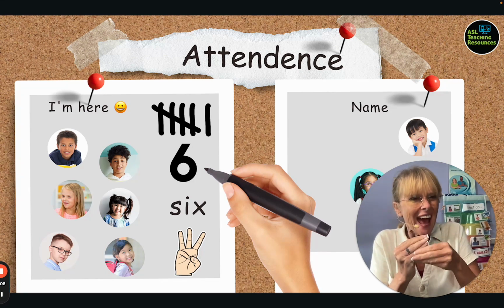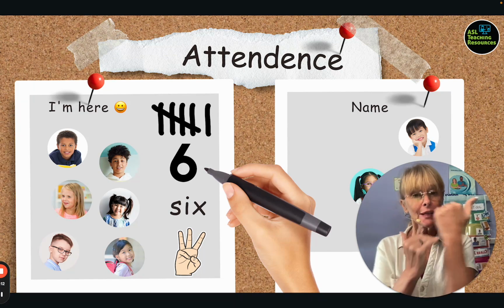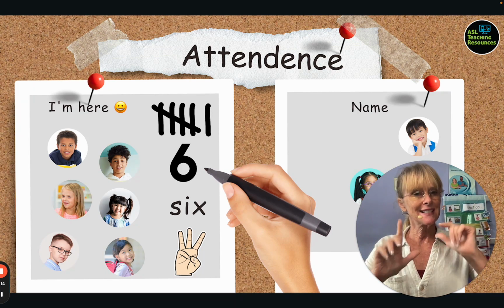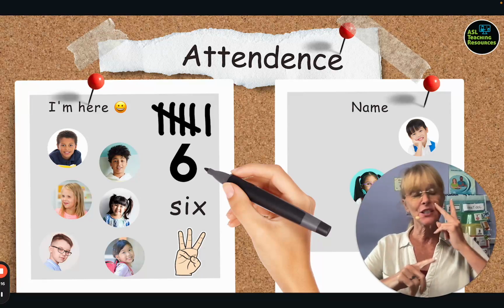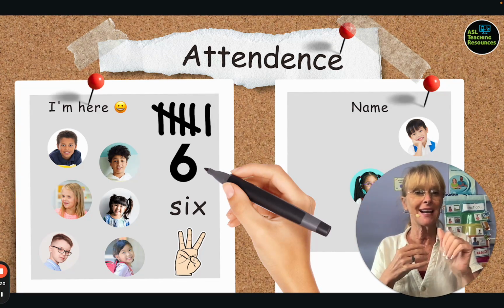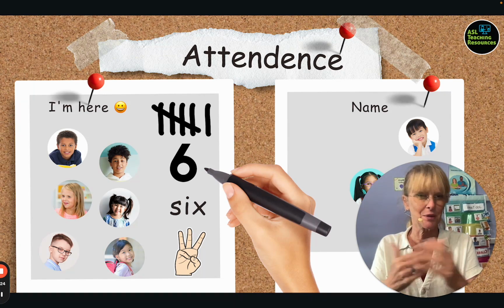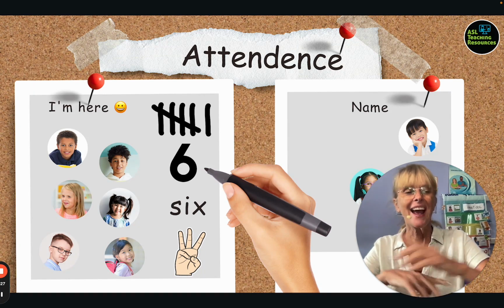See, so you can add more expanded things with sign support. Okay, and if you're limited with sign, you just stay and focus on the signs that you see on the resources that you are able to download at ASL Teaching Resources. We have so many things for you in the classroom, teaching both English and sign.